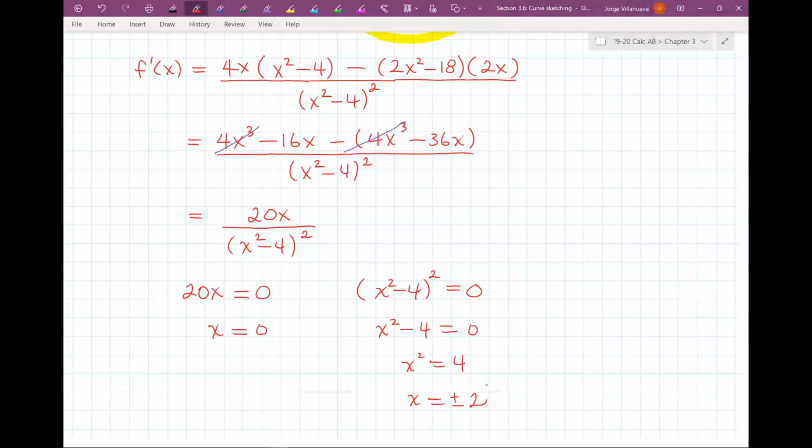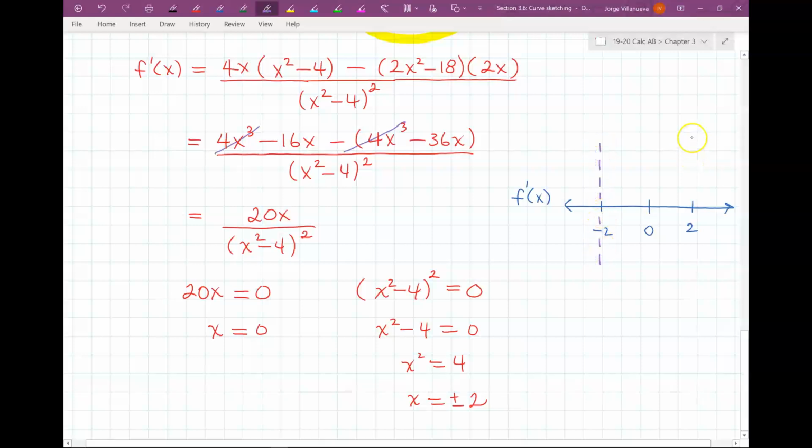All right? So just something for you to think about, because right now when we do our sign graph, we're going to figure some stuff out. So let's do the sign graph right here. F prime of x. And I'm going to put a 0 here, a negative 2 here, a positive 2 here. And notice what I'm going to do.